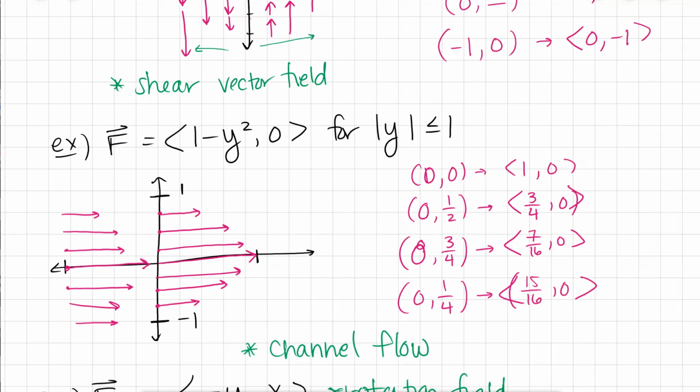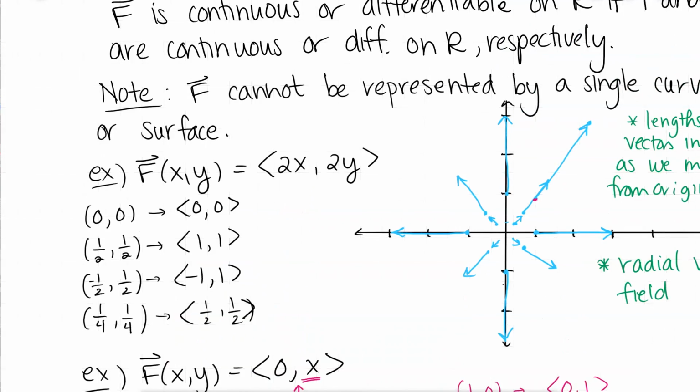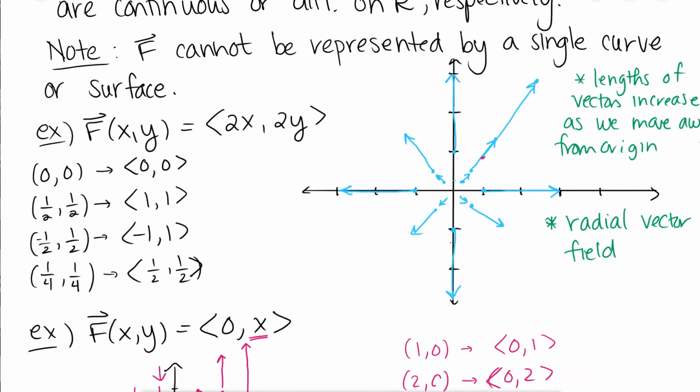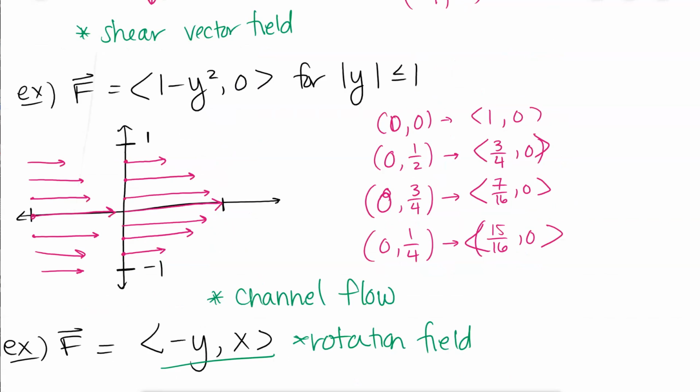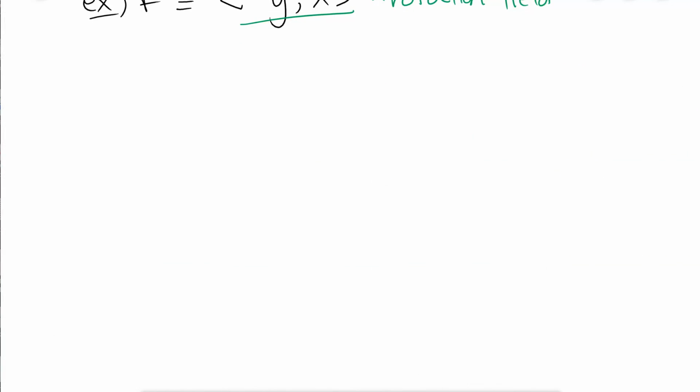We looked at a radial vector field already, the one up here, where everything points away from the origin no matter what point you're at. And we have a formal definition for that. I don't totally remember because I haven't taught this in so long, and I don't think we really use this that much, but let's go ahead and write it down as a definition, just in case we do from now on.